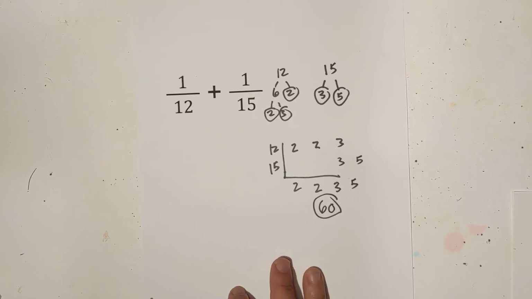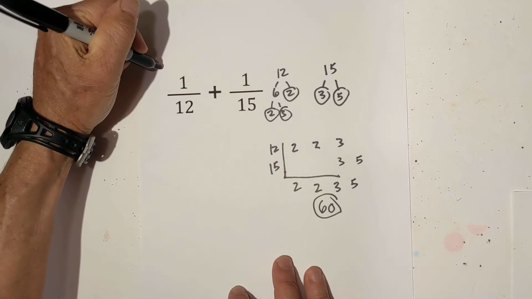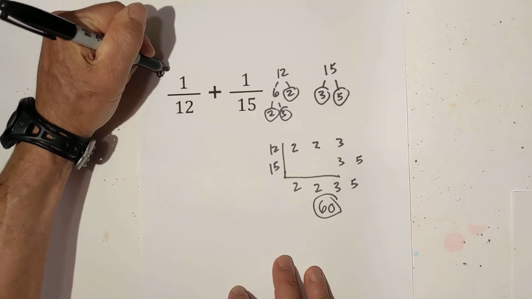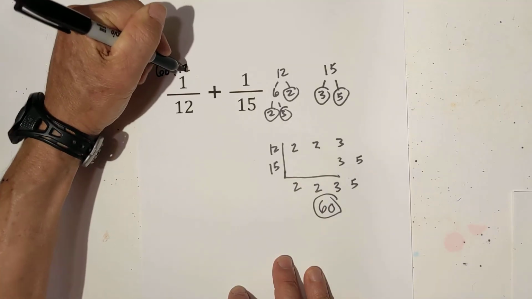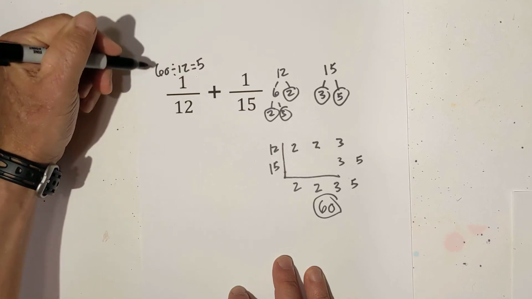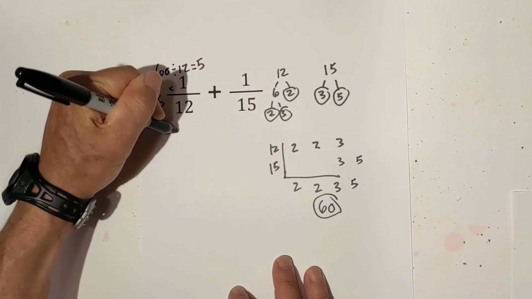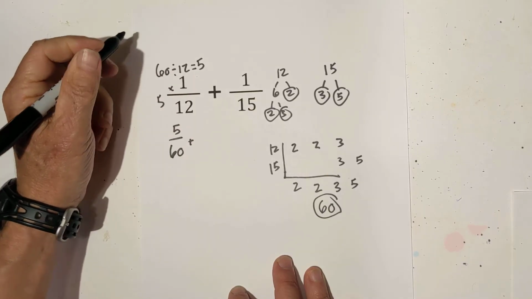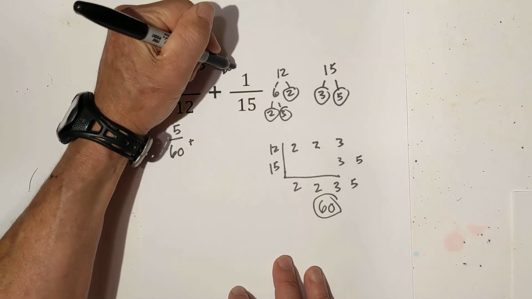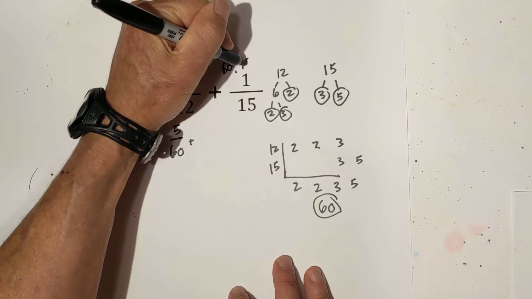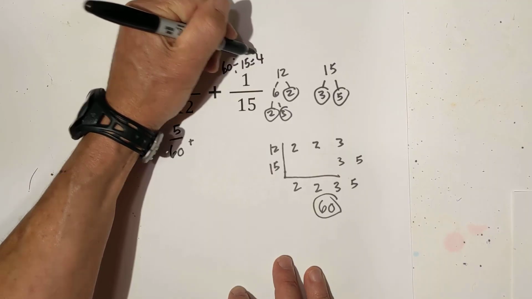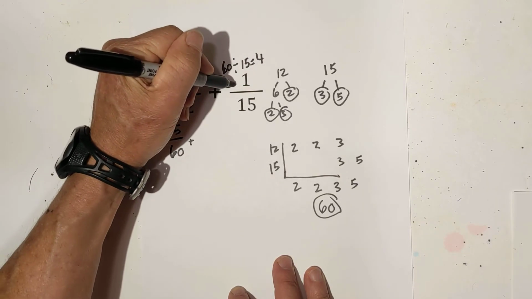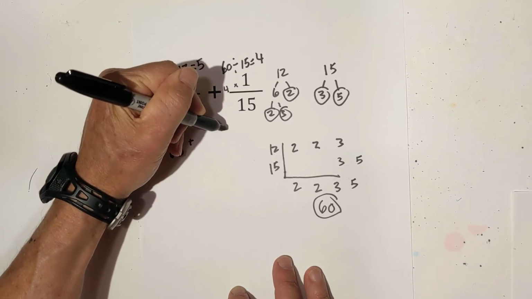So now let's go back to exactly what we were doing before. We have 60 divided by 12 equals 5. 1 times 5 equals 5/60 plus, and then we have 60 divided by 15 equals 4, and 1 times 4 equals 4.